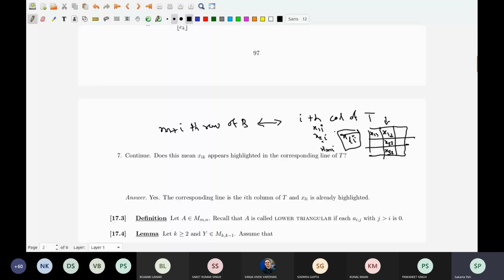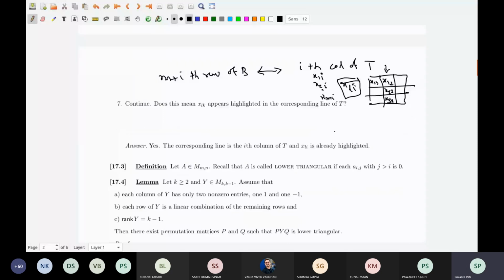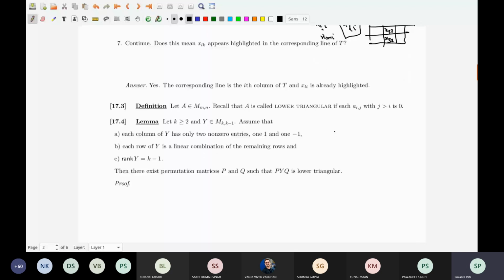Okay, I made this observation because we are going to use it. You understand these things. Lower triangular definition I gave. Now let us have a small lemma that I am going to use for our next test. This is very interesting.